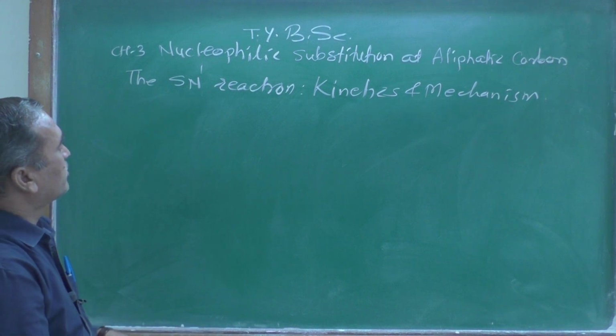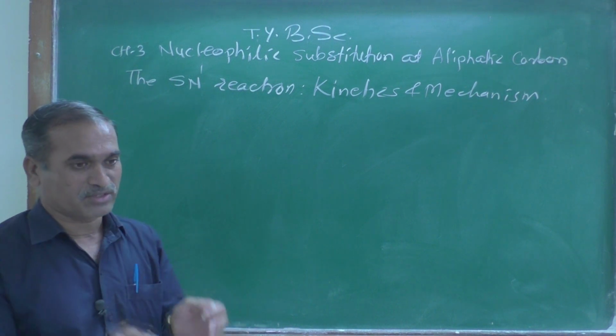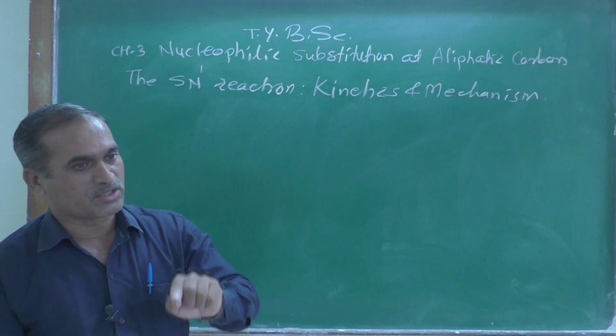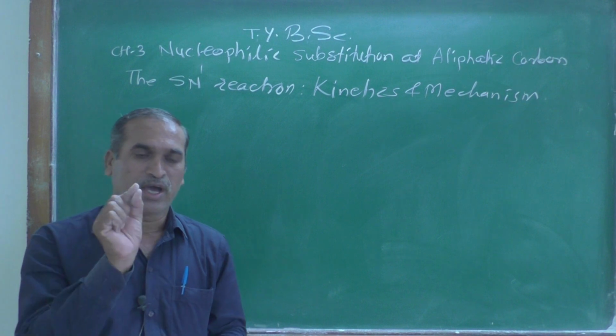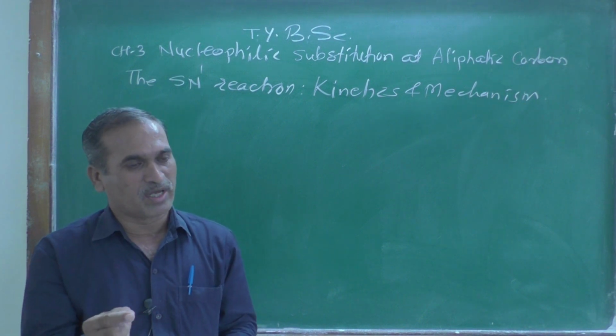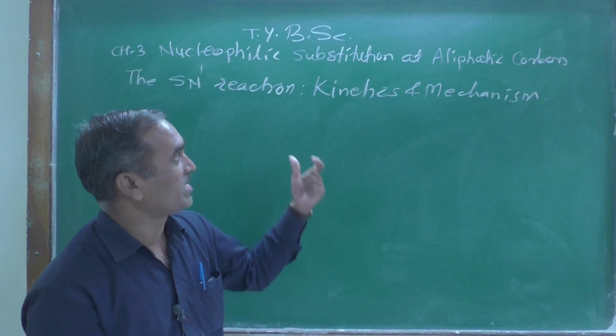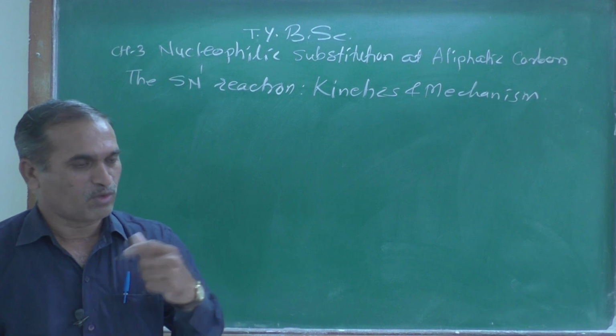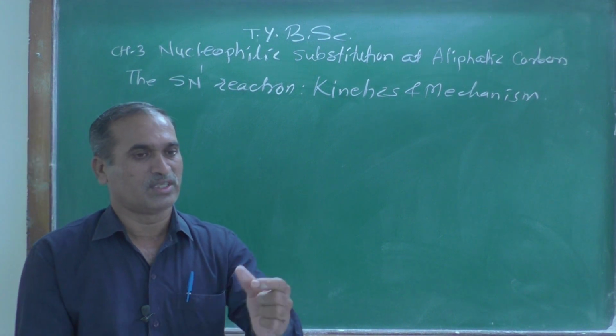Let us see what is SN1 reaction. Again, S stands for substitution, N stands for nucleophilic, and 1 indicates unimolecular. Why is it unimolecular? When we study kinetics, it will show you why, which we will see shortly.